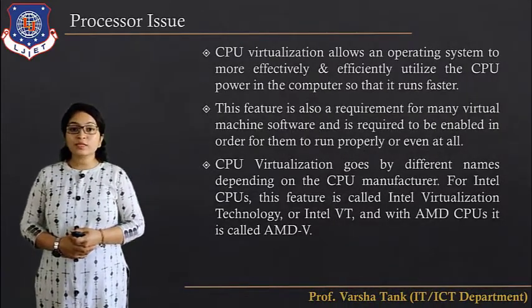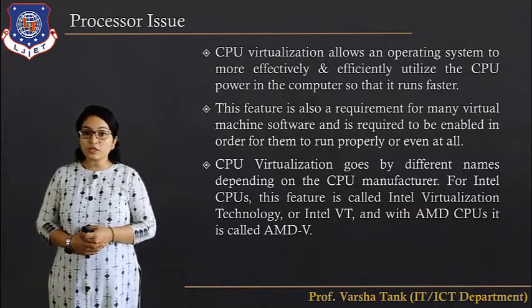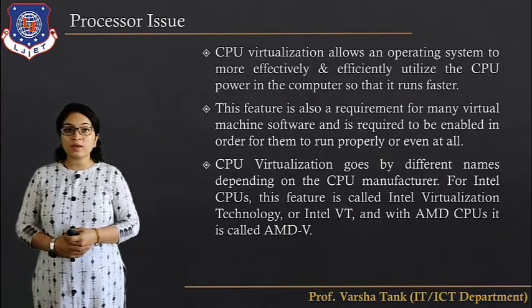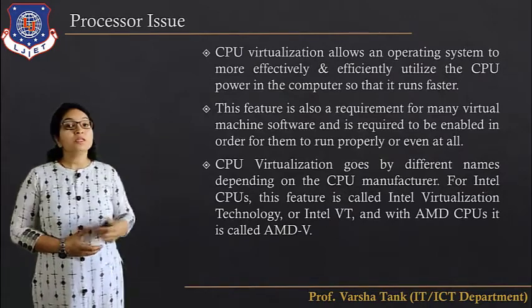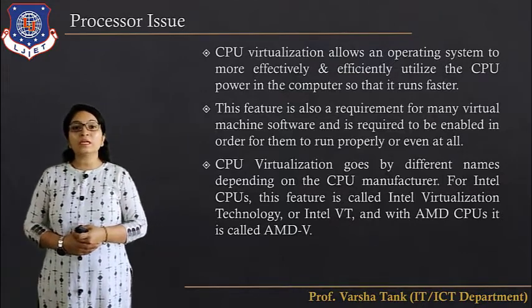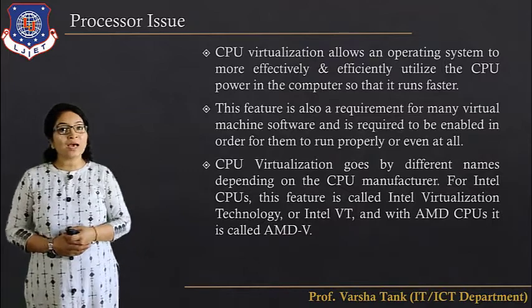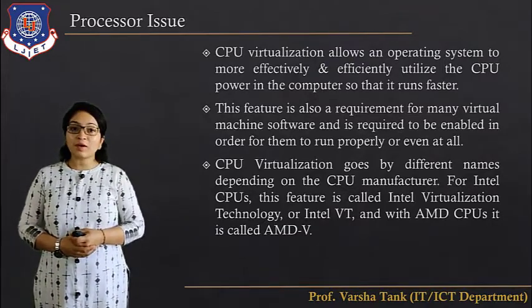Now first is the processor issue. This is one of the issues in virtualization. How is this processor issue managed? Processor issue, or we can say CPU virtualization. CPU virtualization allows an operating system to more effectively and efficiently utilize the CPU power in a computer so that it runs faster.